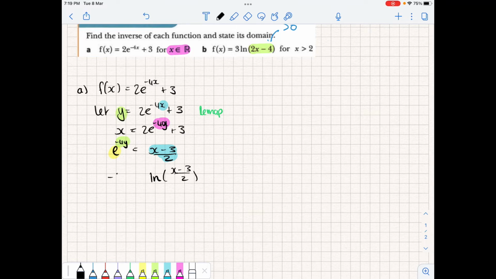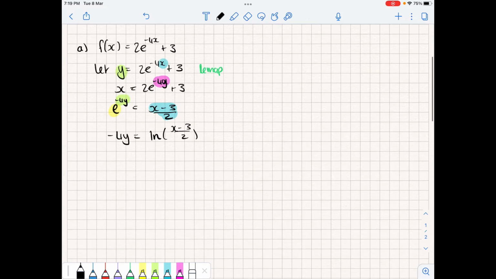To solve for y, we can divide through by minus 4, or multiply through by minus 1/4. So we have y equal to minus 1 over 4 times the natural log of x minus 3 over 2.